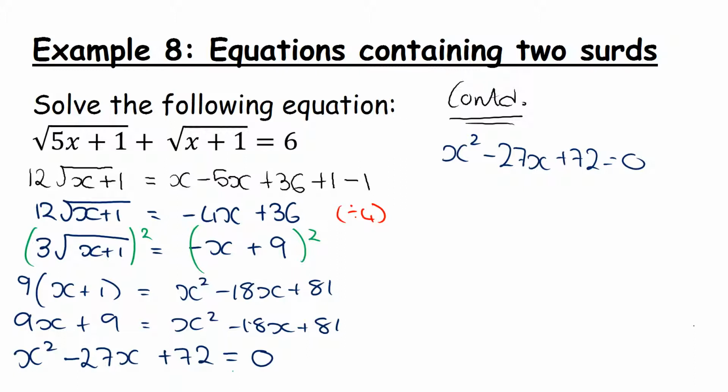No problem using guide number. If the numbers seem too big or you can't see the factors, then of course minus b is absolutely fine. So we're looking for the factors of plus 72 that add to give me minus 27, and that actually works out as minus 3 and minus 24.